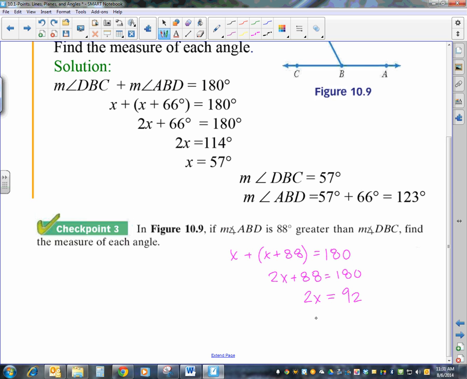Divide both sides by 2, and x equals 46. So I have to find the measure of each angle, so I'm going to say that the measure of DBC, that was my x, is equal to 46 degrees, and the measure of angle ABD is 46 plus 88, which is 134. So that's the answer to the question.